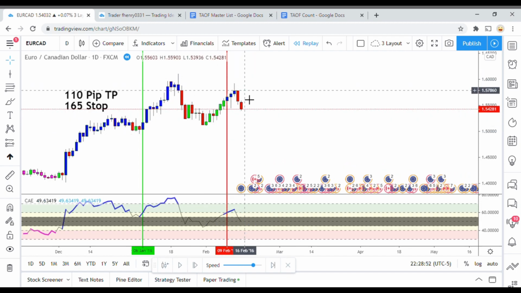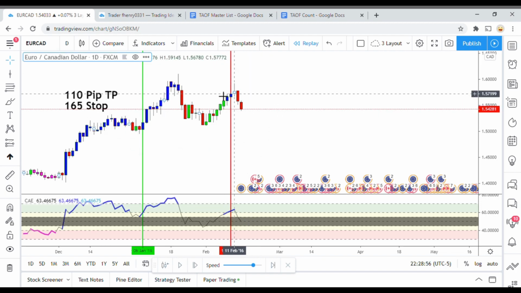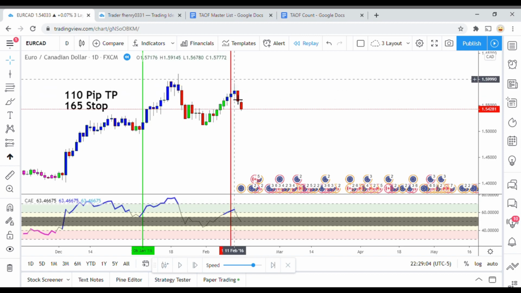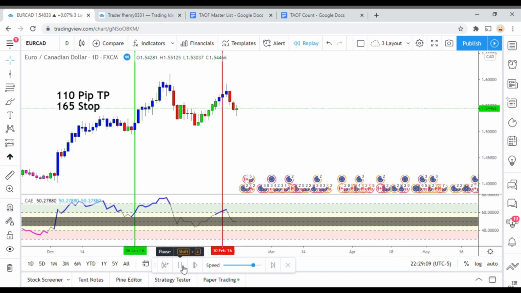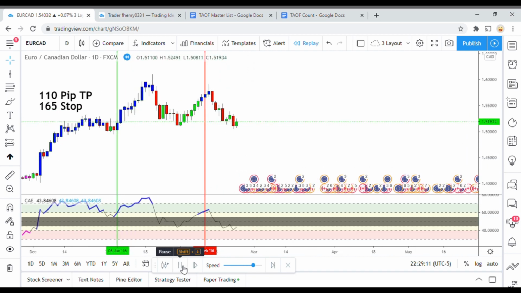I guess it goes without saying, always be mindful of these wicks that pull down really hard and really far. This candle pulled down to that area before it made its way back up and then carried on with this candle here. And so that would have definitely stopped us out, unfortunately.